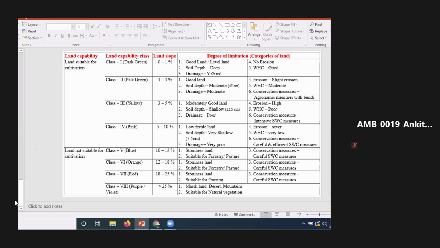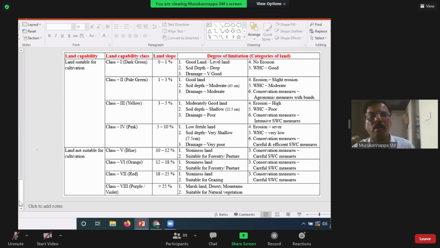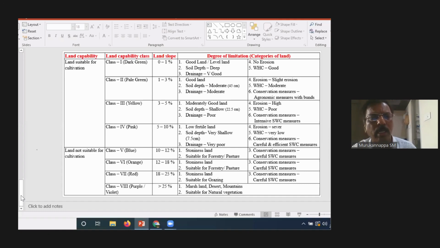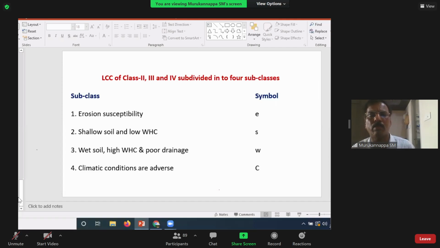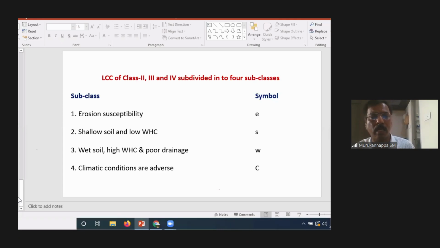So here there is absolutely no problem for class 1. For the remaining classes, if you want to go for cultivation, the cultivable lands are 2nd, 3rd, and 4th. Those three classes, class 2, class 3, and class 4, are again subdivided into 4 classes based on parameters like erosion susceptibility.